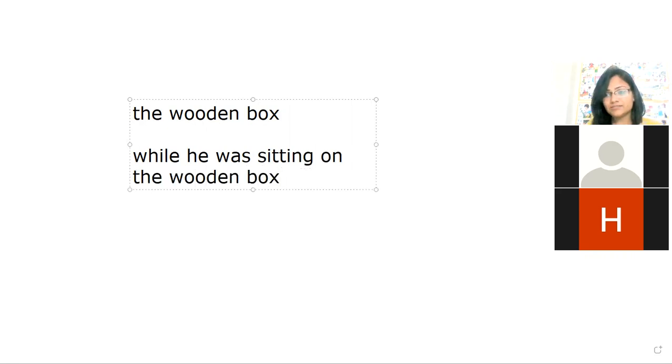This has a subject and a verb, but still something is missing. We cannot say that it's a complete sentence. The meaning is not complete, right? That is still incomplete, so we will call it a clause.